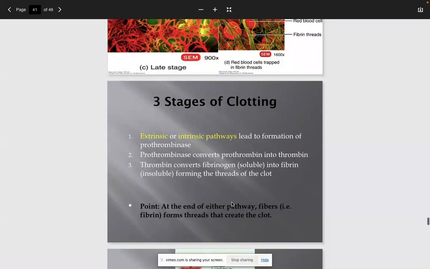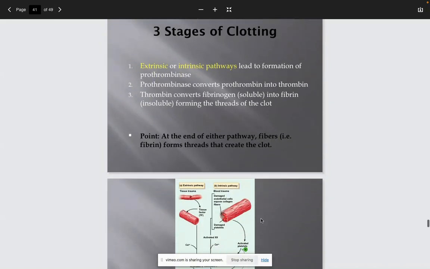The extrinsic or the intrinsic pathway leads to the formation of something called prothrombinase. The whole purpose of prothrombinase is, again, to convert prothrombin into thrombin. Thrombin is going to convert fibrinogen into fibrin, and we'll see that. I just want you to see that the major point is that at either end of the pathway, this is going to form threads that create the clot.